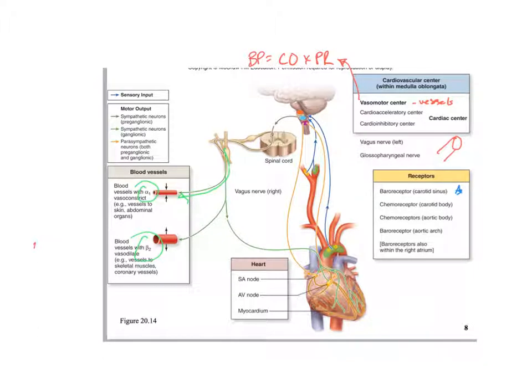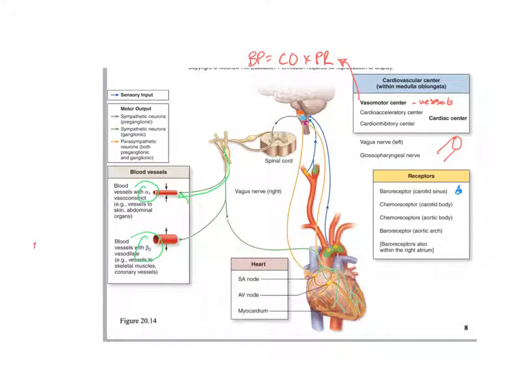So those receptors are within the carotid sinus to make sure the pressure is high enough so that blood is getting to the brain adequately. Those pressure sensors are in places where they are of utmost importance. And that will send inputs back to the cardio-acceleratory and inhibitory centers in order to adjust heart rate.